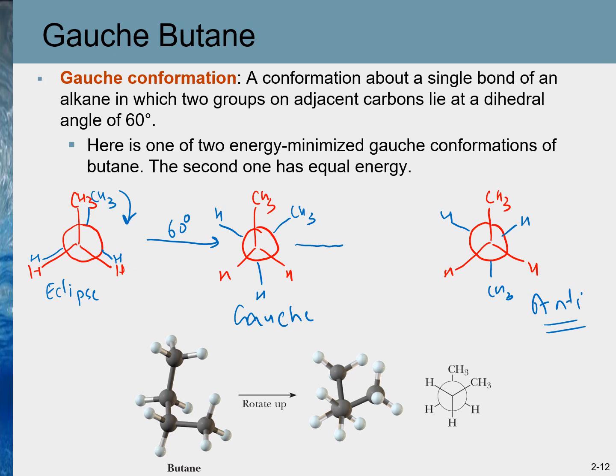If it rotates by another 60 degrees, it will adopt a geometry in which the rear methyl group is now at 0 dihedral angle with a hydrogen.